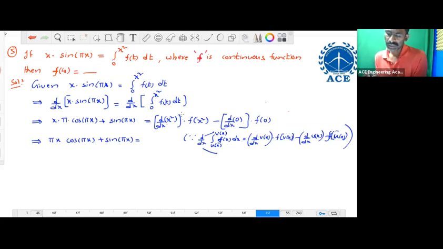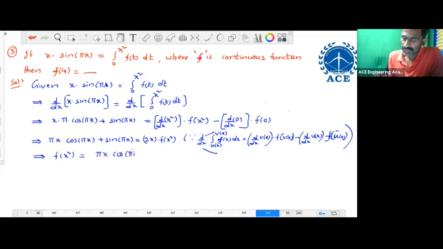Next, d by dx of x square is 2x, so 2x into f of x square. Now we got the unknown function f. We write f of x square equals pi x cos of pi x plus sine of pi x, divided by 2x.